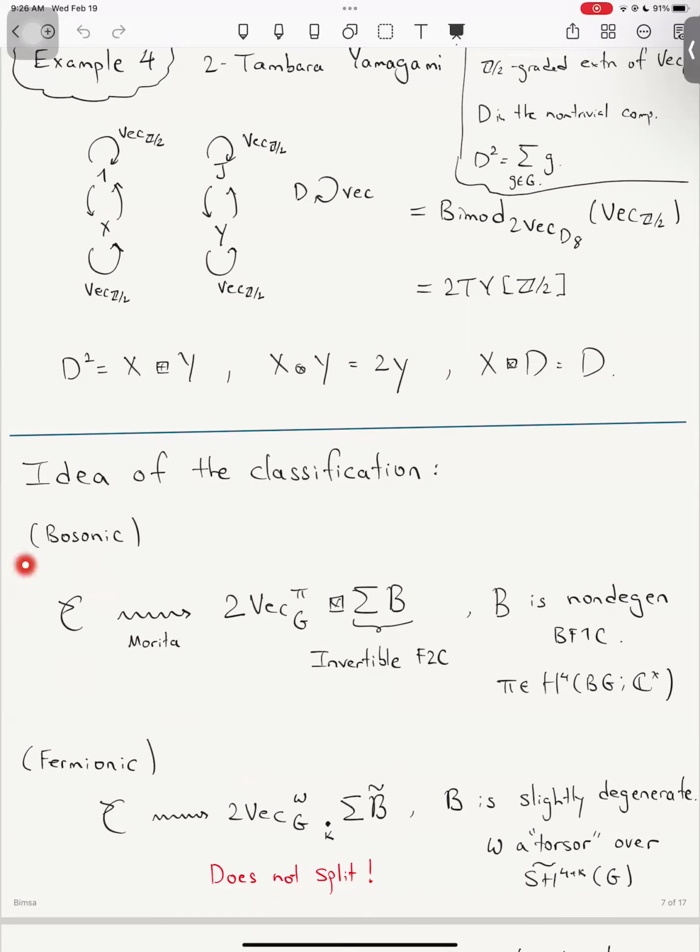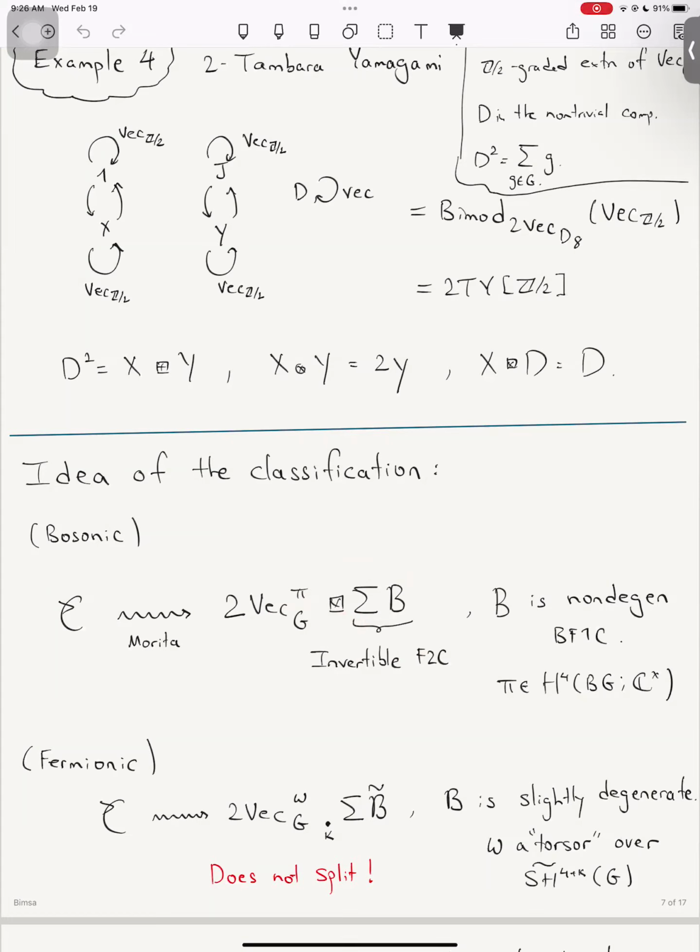So if I gave you a bosonic fusion 2 category, C, I know that up to Morita equivalence, I can split it in the following way. I can say that it's 2Vec_G with a pi. So this is a strongly fusion thing times an invertible thing. So the slogan is that bosonic fusion 2 categories are Morita equivalent to something strongly fusion attached to some invertible fusion 2 category.